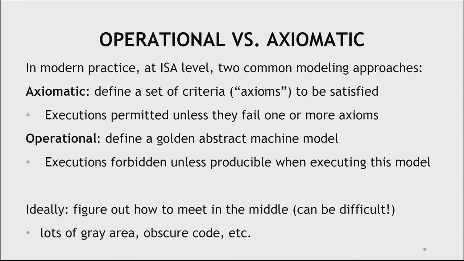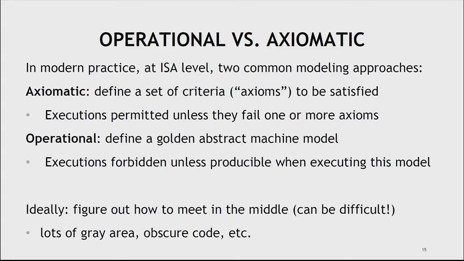Okay. So now, as I jump into actually describing the contents of the memory model, you might notice in the spec, or if you've seen some of the other literature out there, that there are a number of different ways to define memory models. At the hardware level, at the ISA level, there tend to be two approaches that are somewhat predominant now. There's not necessarily one that's better than the other. They just are both out there. They each have their pros and cons.